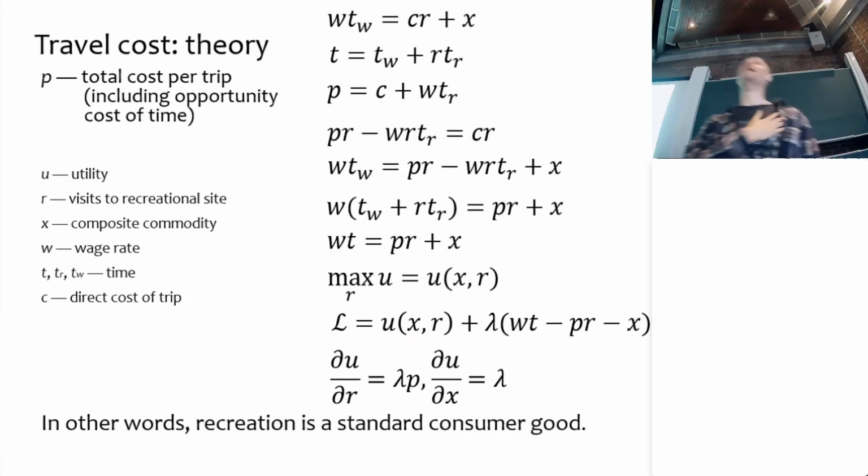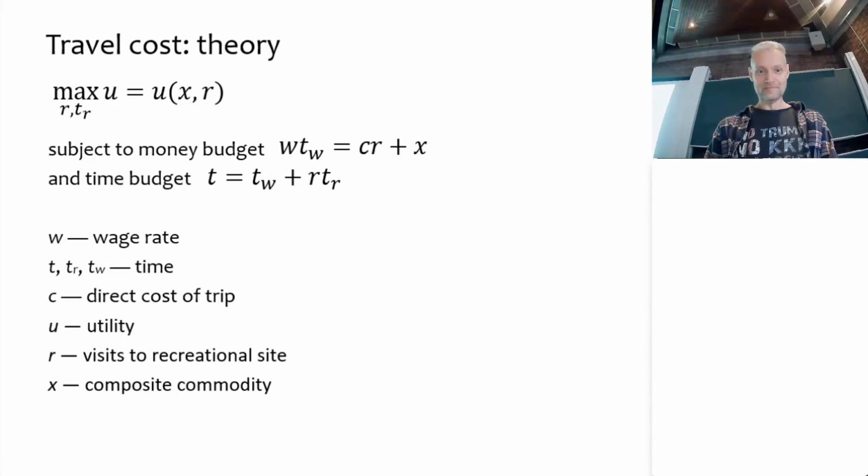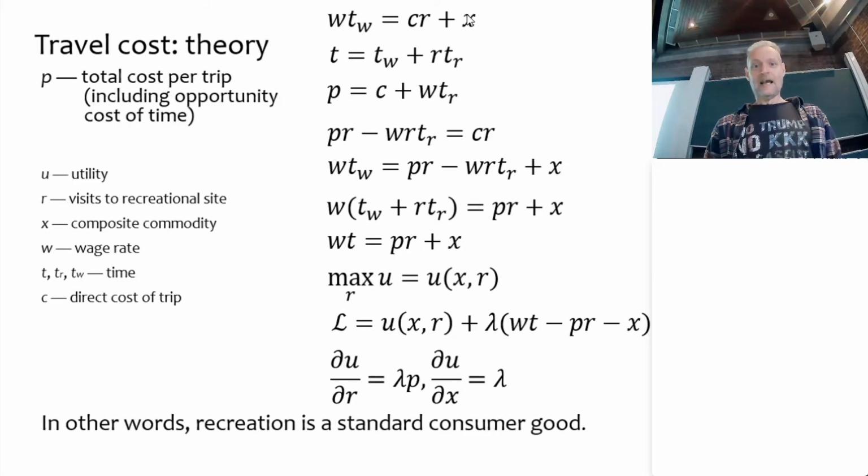So we can actually rewrite this into a standard problem as follows. So this is our money budget, right? And the second one is our time budget.